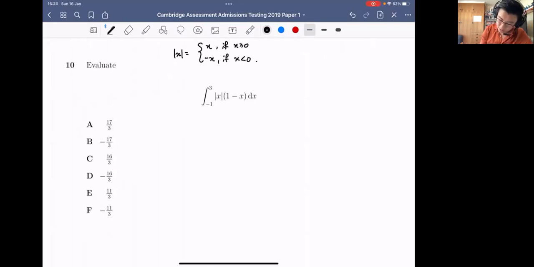So that means you can split this integral into -1 to 0 of minus x times 1 minus x dx, plus 0 to 3 of x times 1 minus x dx. This is just using the piecewise function of the absolute value of x and then splitting the integral into its appropriate endpoints.